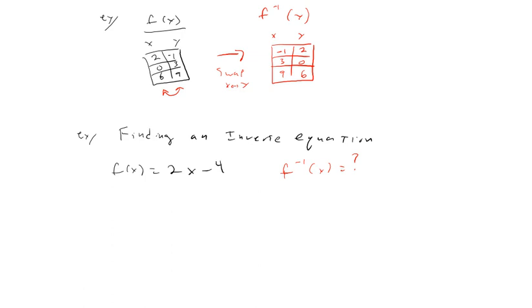So you can imagine this f of x function is like y equals 2x minus 4, right? In the inverse, you're literally going to just change x and y. So it becomes x equals 2y minus 4. Swap x and y.